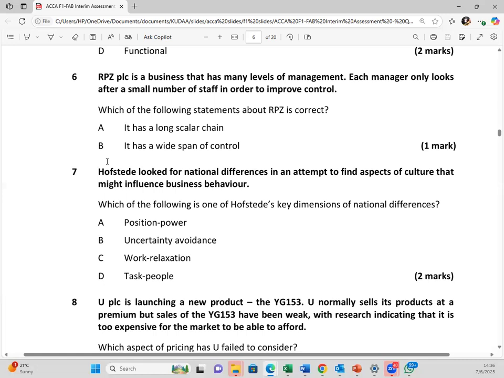Then number 7, Hofstede looked for national differences in an attempt to find aspects of culture that might influence business behavior. Again, yesterday we did talk about some of these differences in culture by Hofstede. Which of the following is one of Hofstede's key dimensions of national differences?